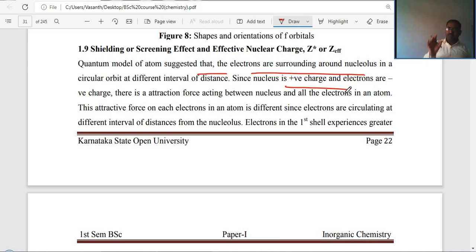The protons have positive charges, and neutrons do not have any charge. In the nucleus's surroundings, through the electrostatic force of attraction between electron and nucleus, they are stable. This attractive force on each electron in an atom is different in size, since electrons are circulating at different distances from the nucleus.